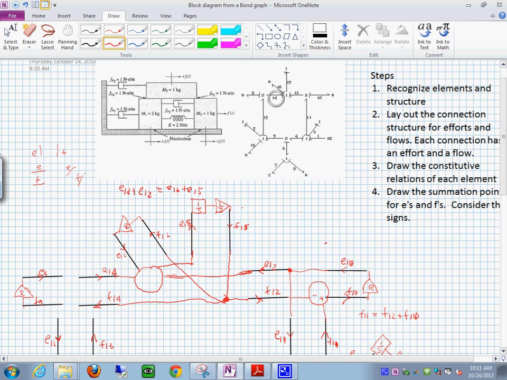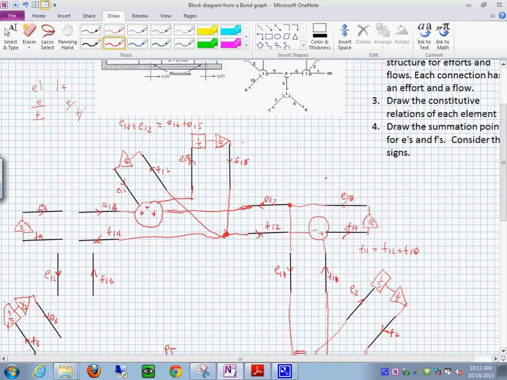That is following these half arrows. But if we're going to write it in terms of E15, it means that E12 plus E14 are plus, and this is a minus sign. So we have this.